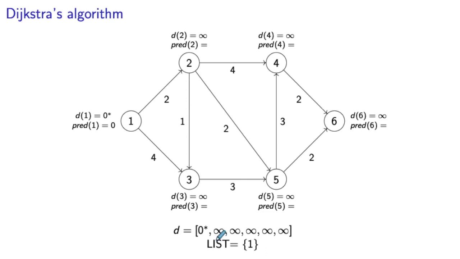So to start with, we have the distance of 0 for node 1, the distance of infinity for all the remaining nodes because we haven't reached them yet from node 1, and then the list of active nodes consists of node 1, in which we start our journey. This completes the initialization stage and we are ready to start the steps of Dijkstra's algorithm.